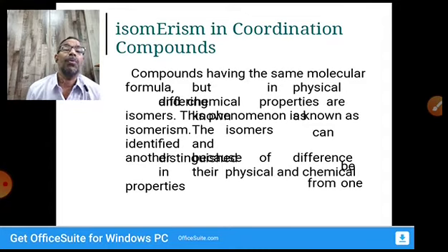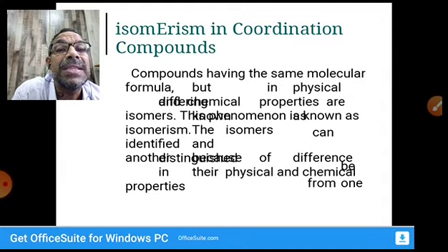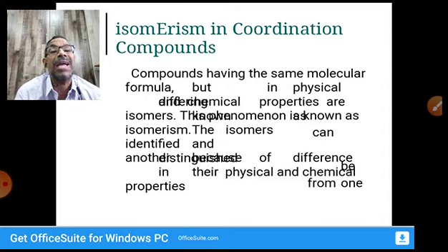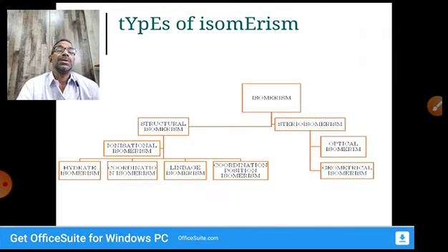The compounds or molecules are called isomers, and the phenomenon is called isomerism. So we are specially focusing on isomerism relating to coordination compounds, complexes.